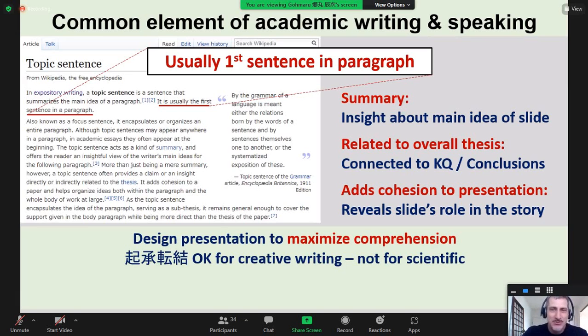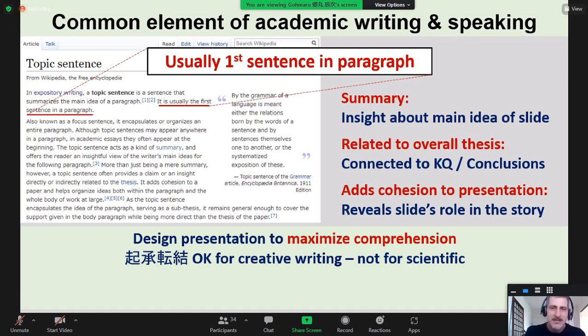However, academic writing is not creative writing. In creative writing, we want to use suspense and surprise and make people think more deeply about an idea. We give them the topic first, and we develop it in parallel to what we're really talking about.